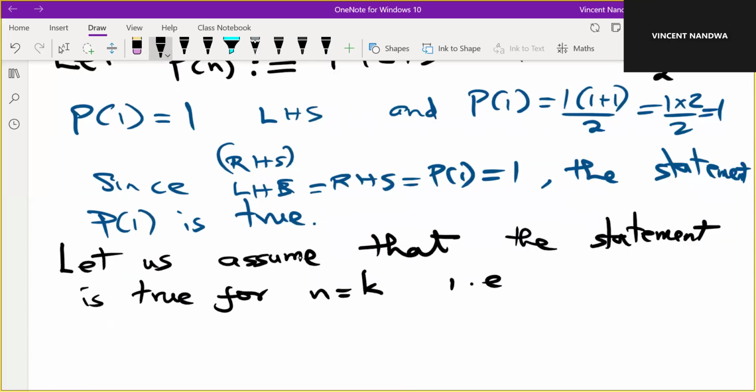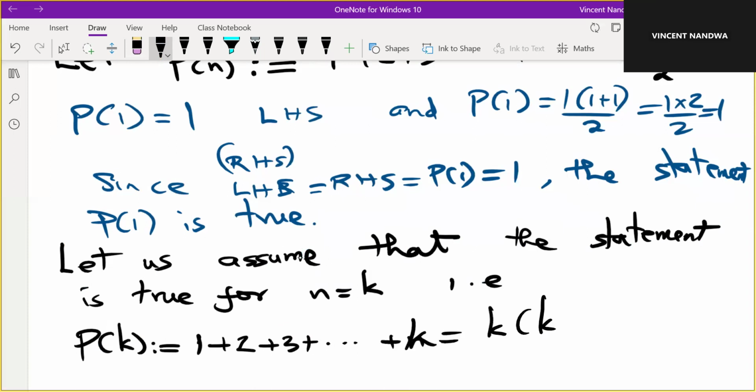We have P of k: 1 plus 2 plus 3 plus all the way up to k equals k into k plus 1 divided by 2. So that is the assumption that the statement P of k is true. We rewrite the same original statement, only that where there's n, we put k.